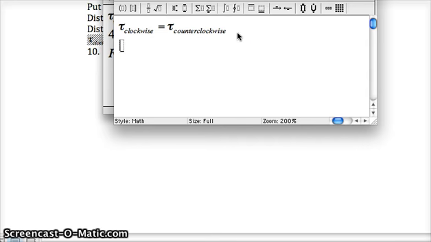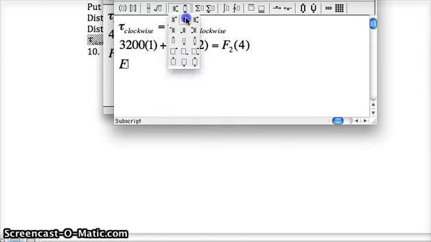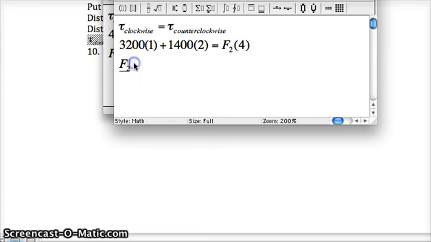Again, I'll take this one. So in this case, we have the clockwise force being caused by the weights. So we've got the 3200 times 1 plus the 1400 times the 2 equals F2 times 4. So that gives us F2, if you work it out, is equal to 1500.